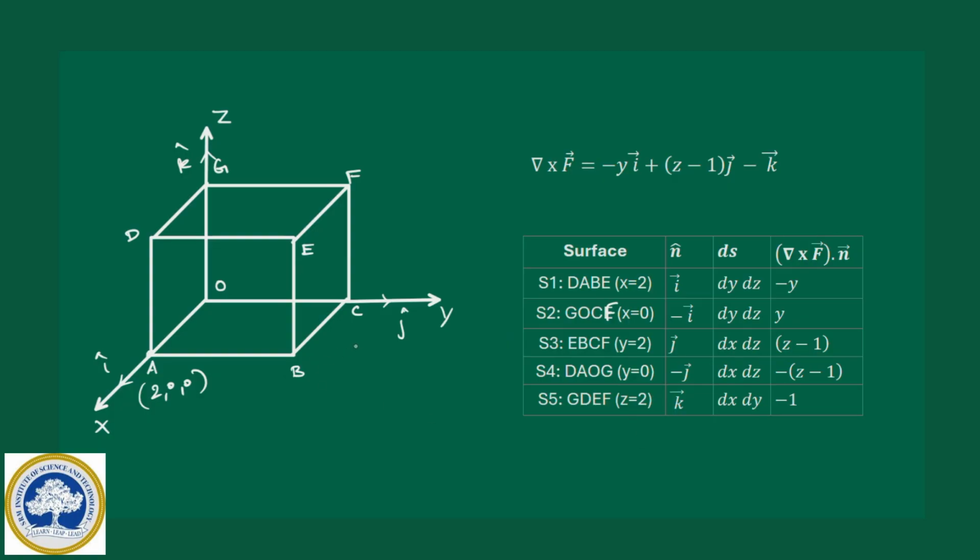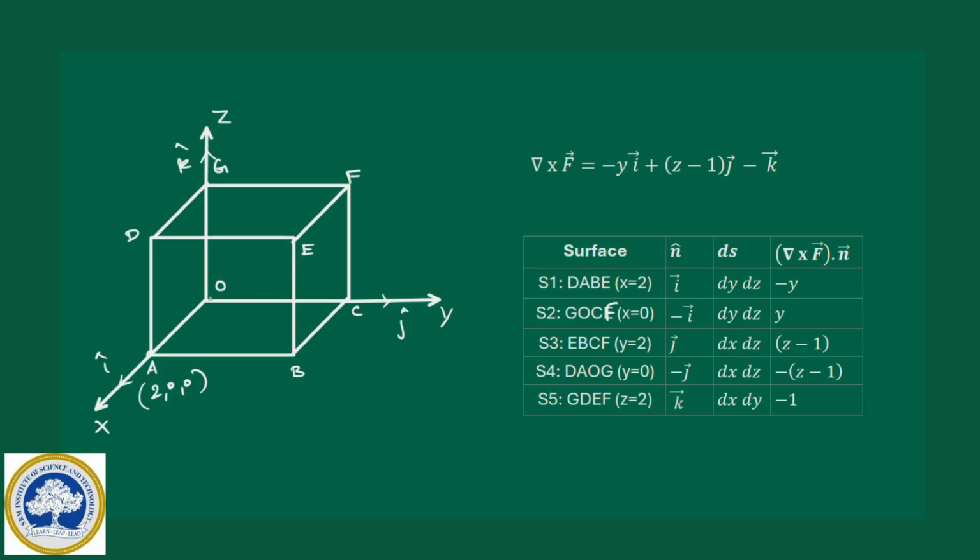And what about the corresponding unit outward normal? Suppose you consider the surface S1, for the x-axis the unit vector is i cap. This will be the unit outward normal, that is, it is facing outward from the surface, so for this surface it should be i cap, so here we have written i. Similarly, what about the surface S2?